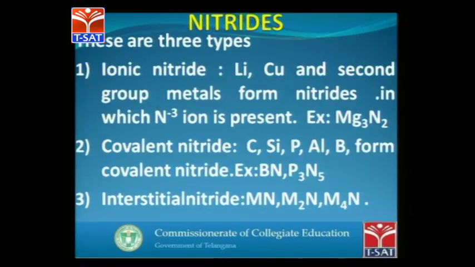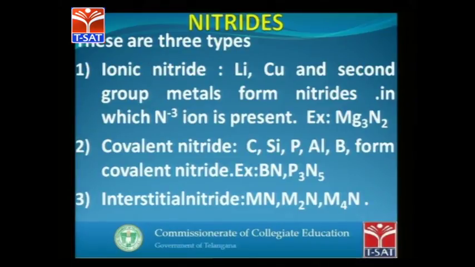Nitrides: we have already seen boron nitride, but again, compounds of nitrogen with less electronegative elements than nitrogen are called nitrides. Depending upon the nature of the bonding, they are ionic nitrides, covalent nitrides and interstitial nitrides.